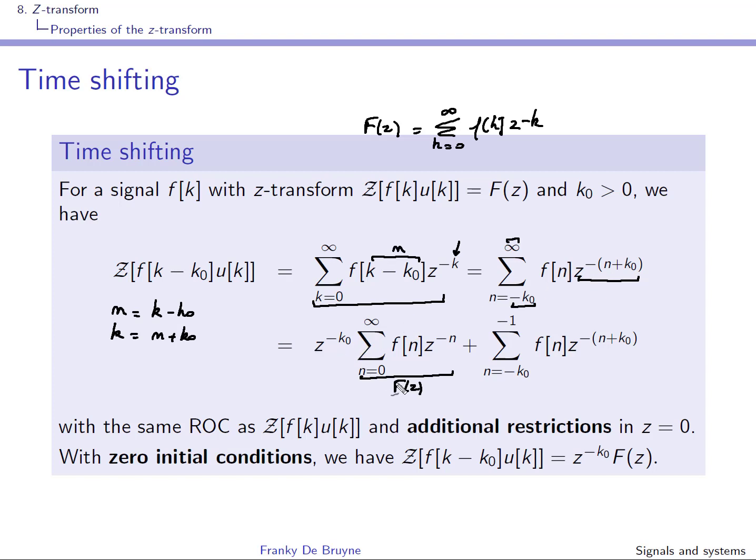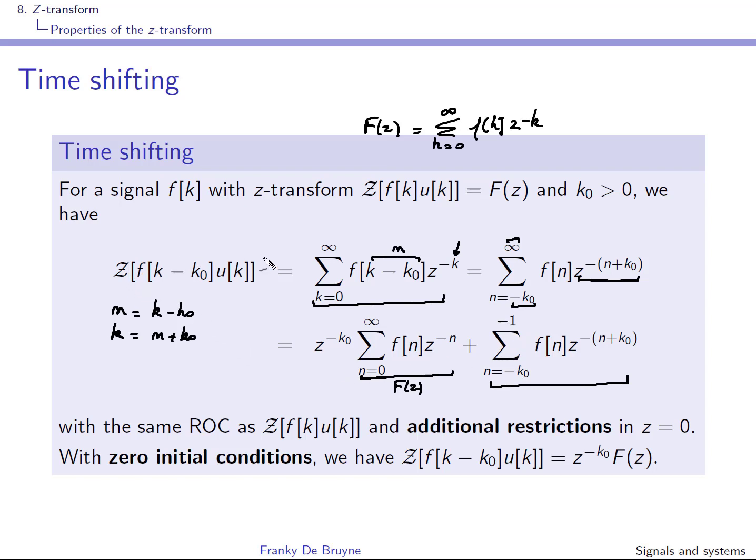So here you have the Z transform f of z of the original signal, times z to the minus k0, and then you have here an additional term that covers all the terms that have not been covered in this sum over here. So it goes from minus k0 to minus 1.